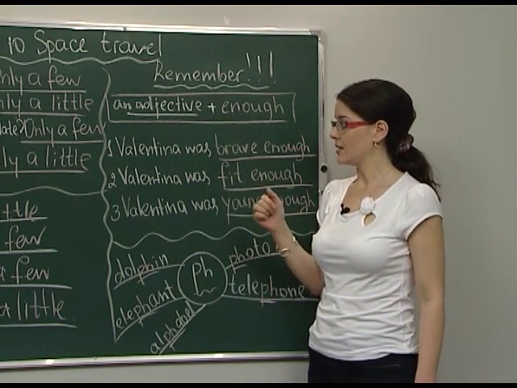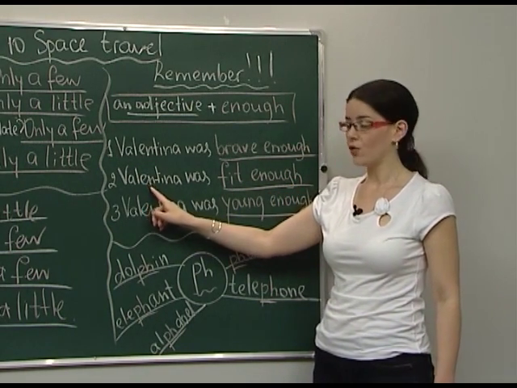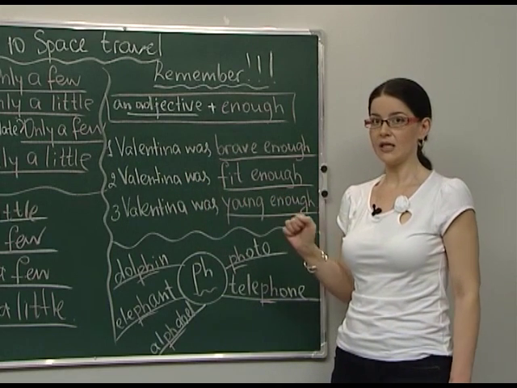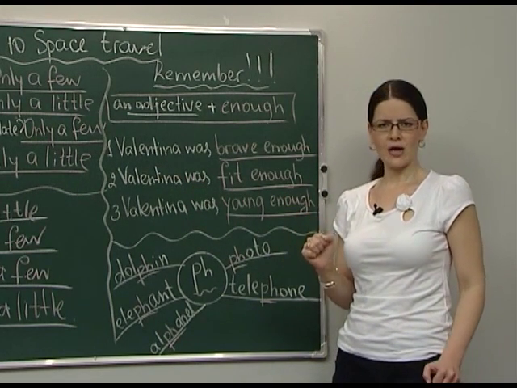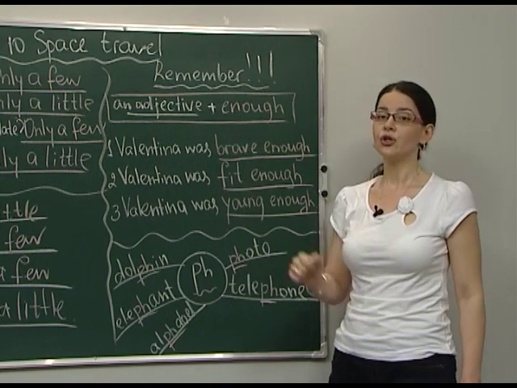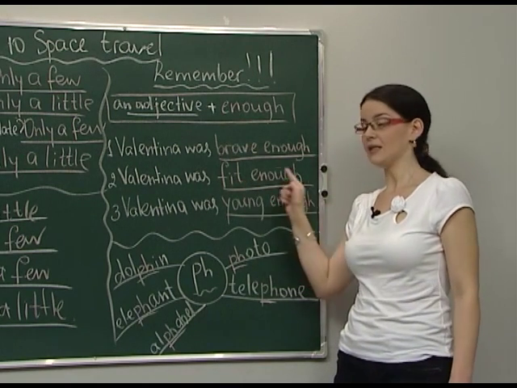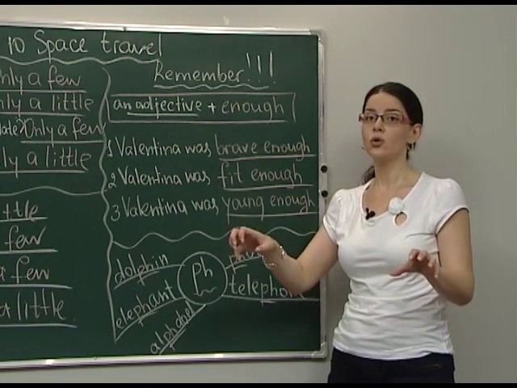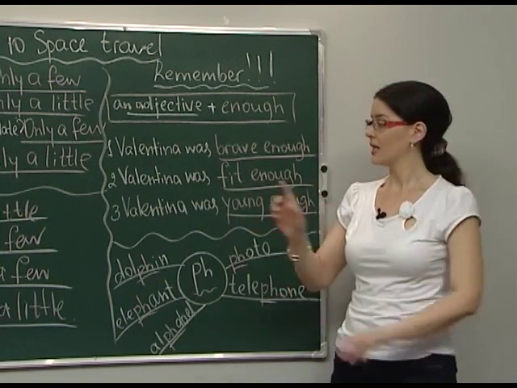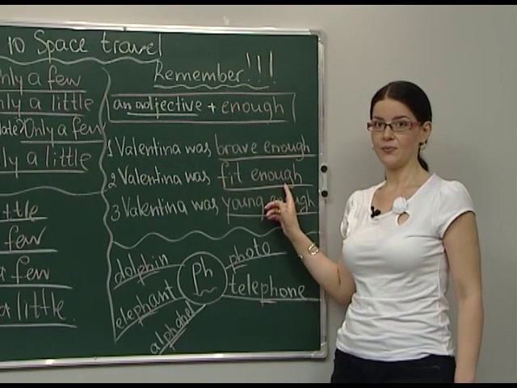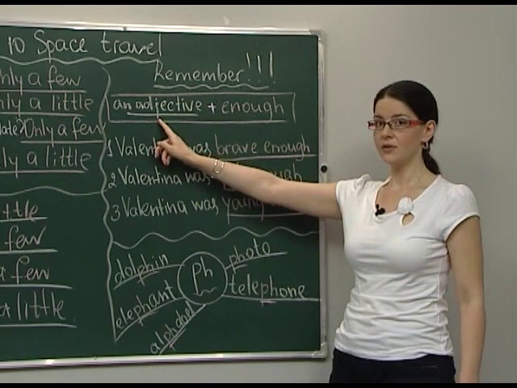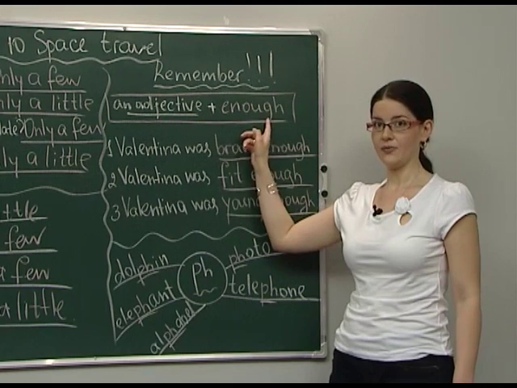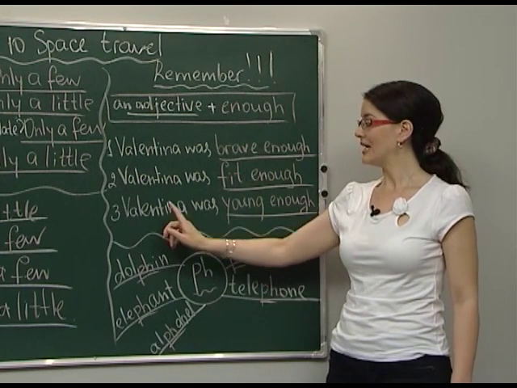Now the second example. Valentina Tereshkova was fit enough. Not enough fit, but fit enough. In Georgian we say the equivalent of enough fit, but in English we must say fit enough. An adjective and then enough. And the last example.